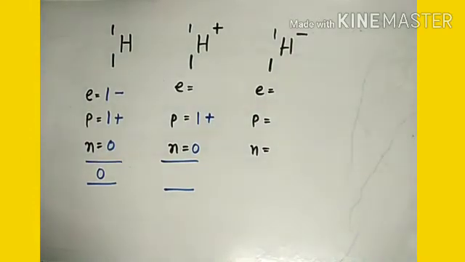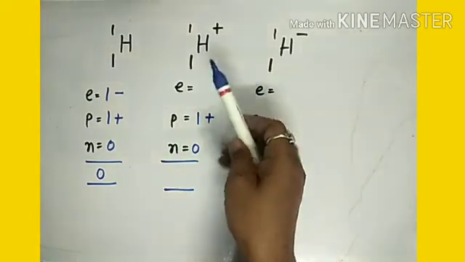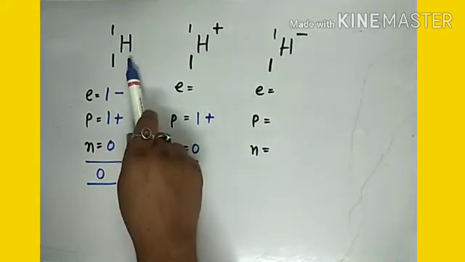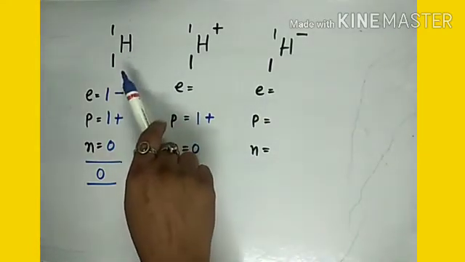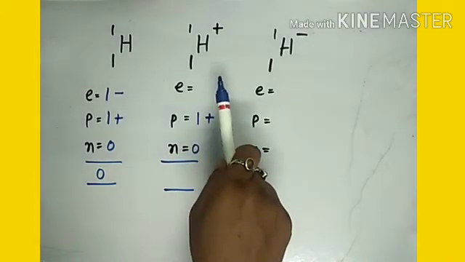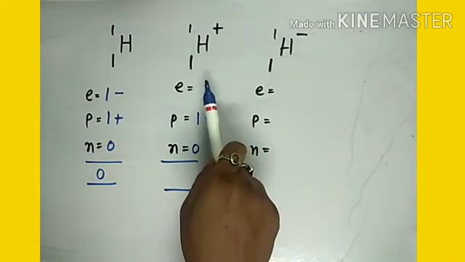In this case, what will be your answer? Well, basically you see that 1 electron is removed from this hydrogen. That's why the electron is removed from its outermost shell, and there is no electron remaining.